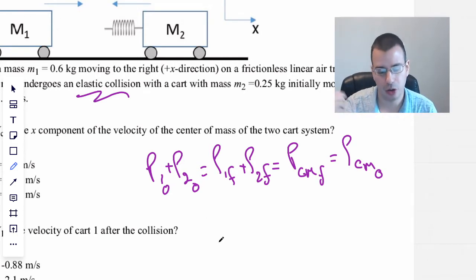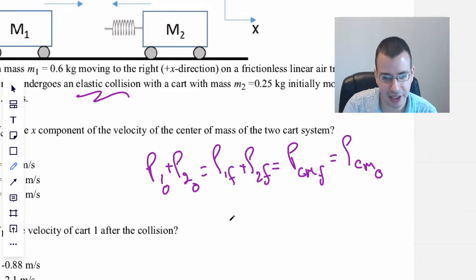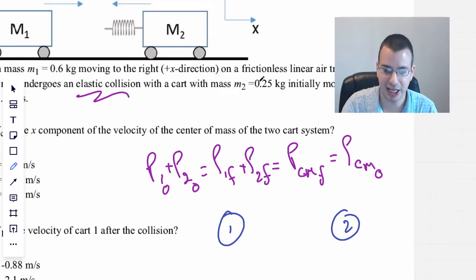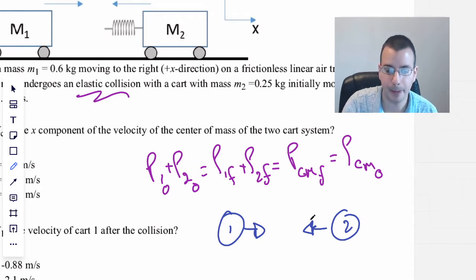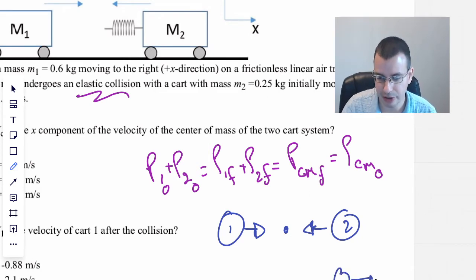One way to see this intuitively is you have one ball like this, two ball like this, exactly the same. They head towards each other at exactly the same speed. It would seem reasonable that they hit in the middle, clink, and then bounce off maybe at the same speed going the opposite direction.